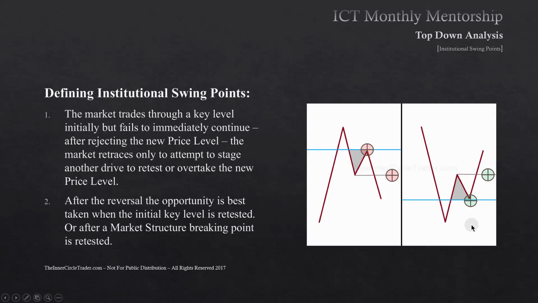Now, this is probably very 101 ICT, okay? But I want you to come away with this idea that the institutions go into the marketplace to trap, or they go in to knock off. That's what they do. They are in the business of knocking the funds out when they're going to be correct, and they like to put them in on the wrong side when they have pending orders that allow them to be offside.